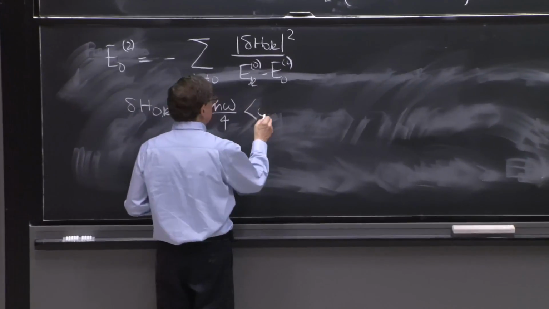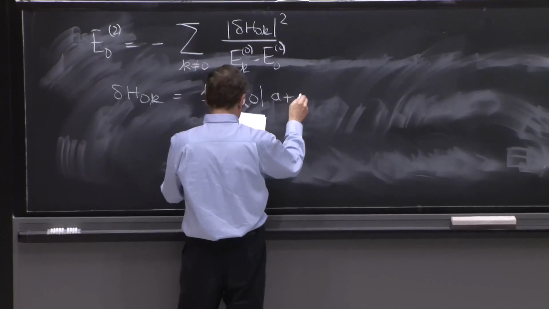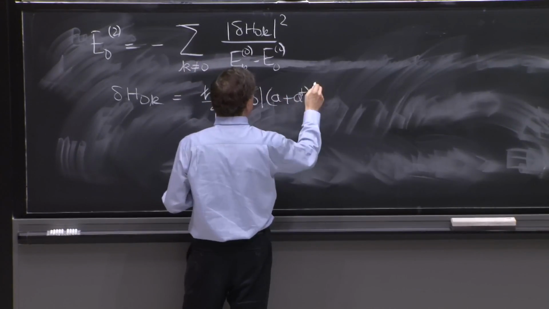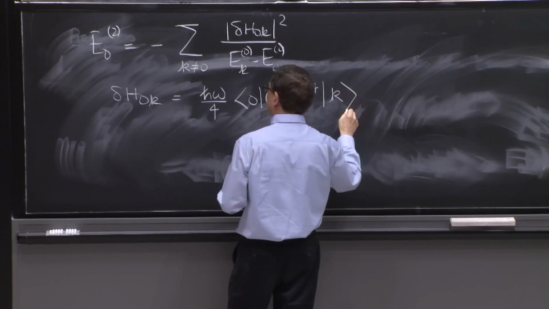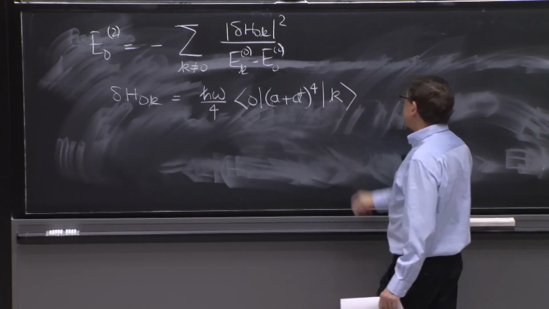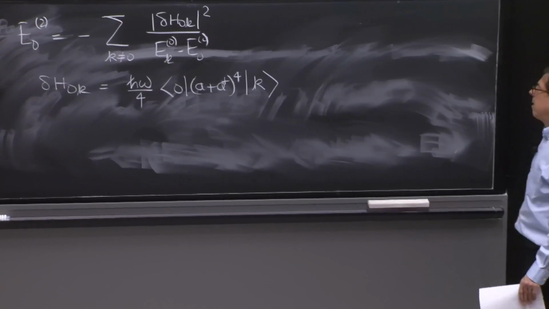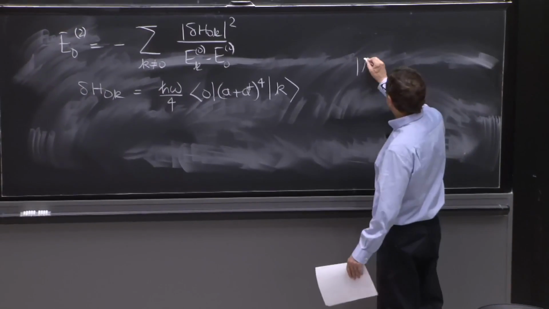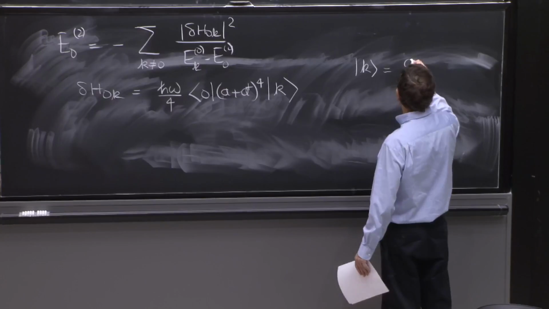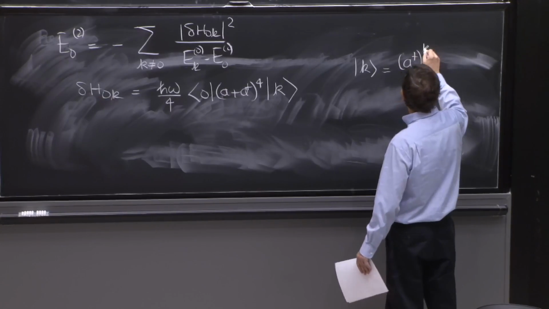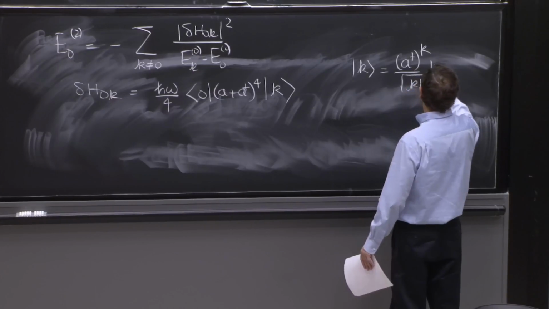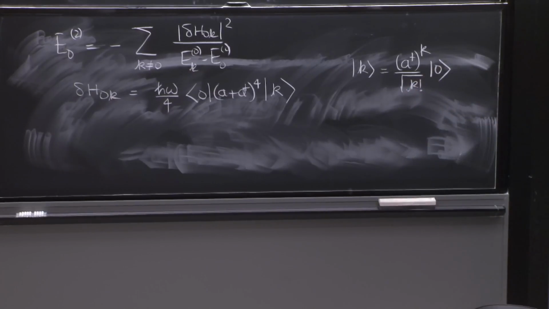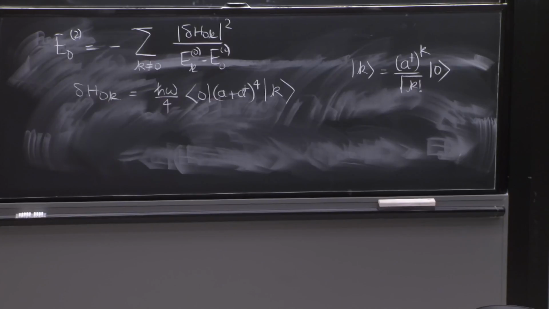And we have <0| (a plus a dagger) to the 4th |k>, where k is a state with number k. If you wish, you could say |k> is a dagger to the k over square root of k factorial acting on the ground state. But sometimes you don't need that. You actually don't need to put the value of k.